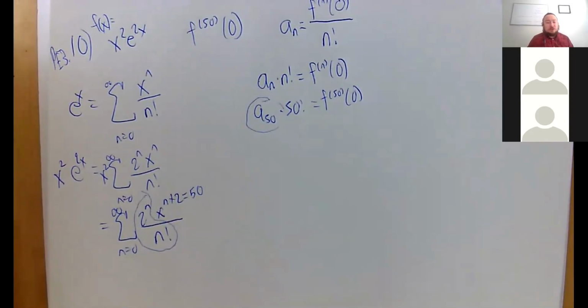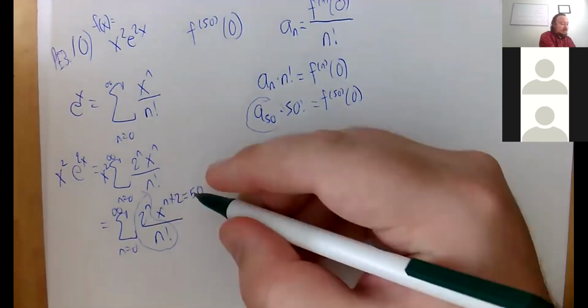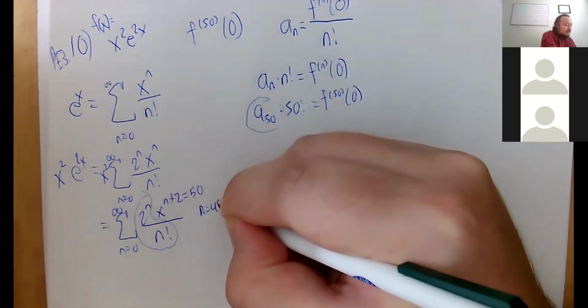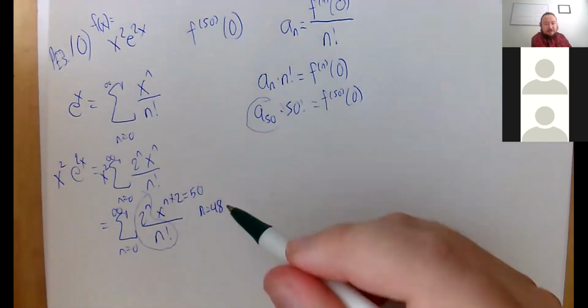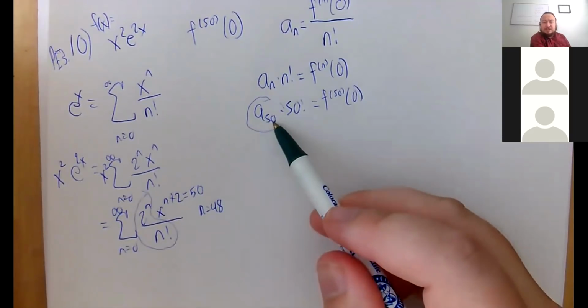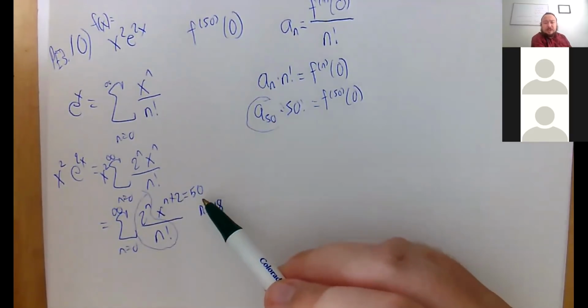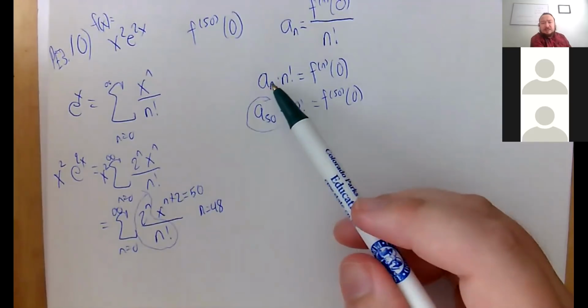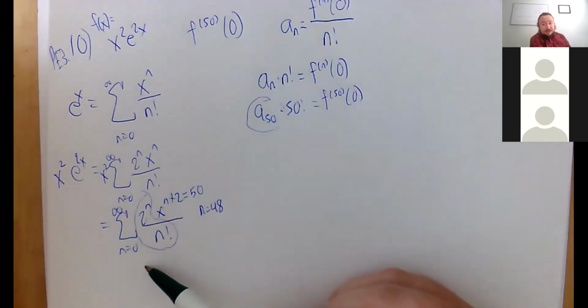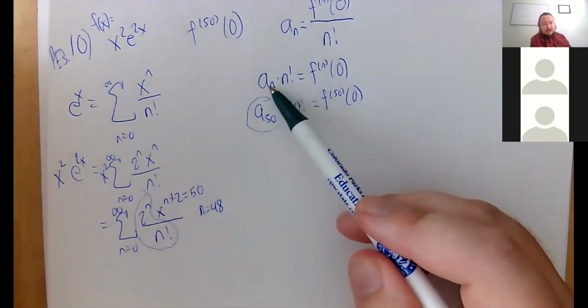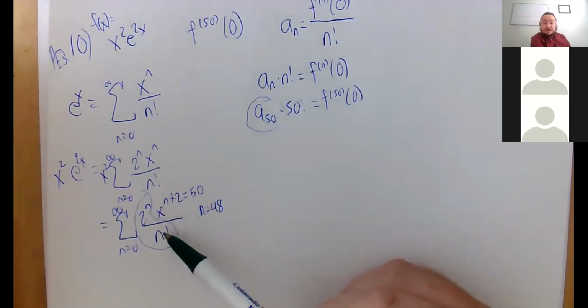That's right. It's going to be 48 because we have something plus 2 is 50. That means the n that we're going to be using to get our coefficient will be 48. Now, this is a bit of a confusing part because we have 50 right here, but we're plugging in 48. The reason is that this n is not the same thing as the n that you're using in the series. These n's and this n are totally different.